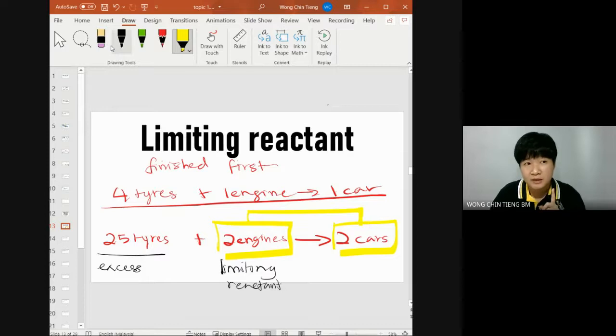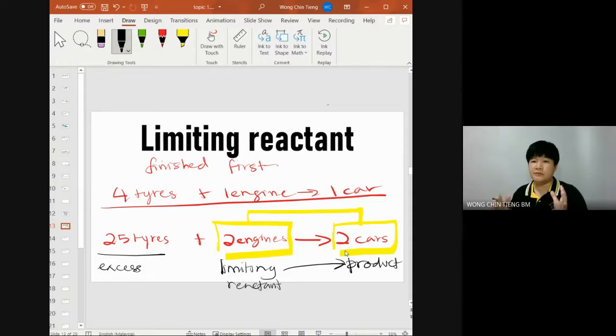So in other words, your product over here will be 100% determined by the limiting reactant. Siapa yang akan menentukan produk? Sentiasa ditentukan oleh limiting reactant. Banyak mana hasil kamu mesti depends on your limiting reactant.